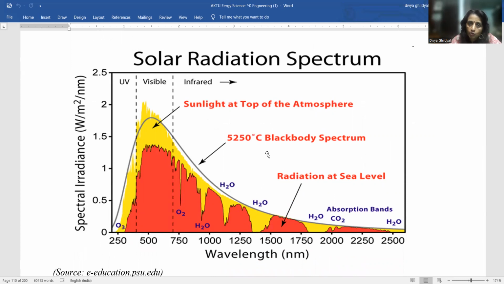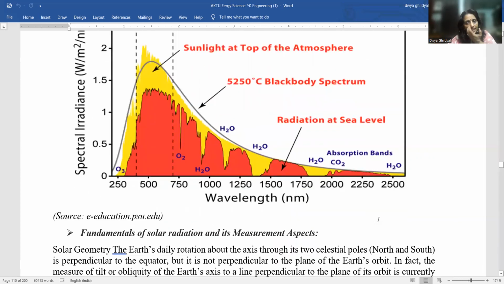Sunlight has to pass through all these layers, and pollution, clouds, dispersing particles, etc., before reaching the Earth. So the sunlight at the beginning of the atmosphere is very strong, but by the time it reaches the Earth, it gets absorbed, diffracted, dispersed, etc., and you don't get exactly the full amount of solar light.